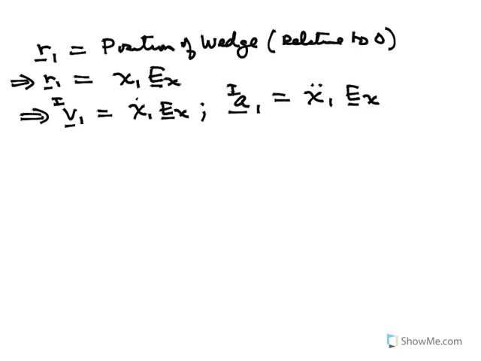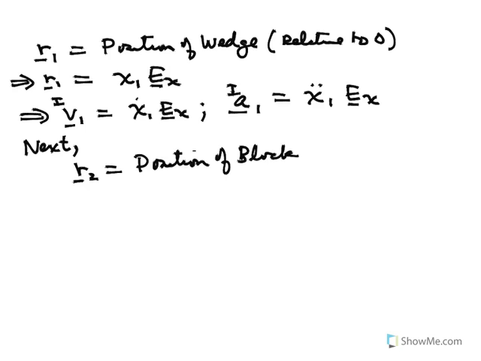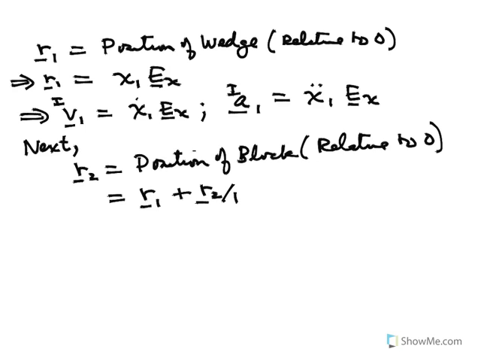So next we need the position of the block. And again, we need to measure the position of the block relative to O, because O is our inertially fixed point. So this is equal to the position of the wedge plus the position of the block relative to the wedge, which is equal to x1 Ex plus x2 times little ex.